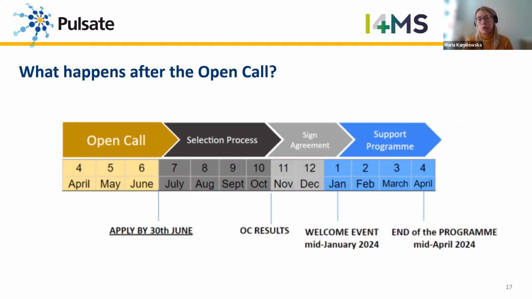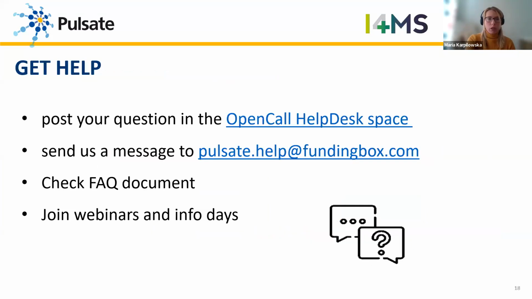The support program will take 3 months, so we plan to finish it in mid-April 2024. And after the support program, it's up to you how fast you will start implementing the solution you have assessed under Pulsate.